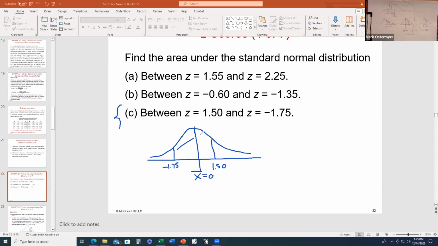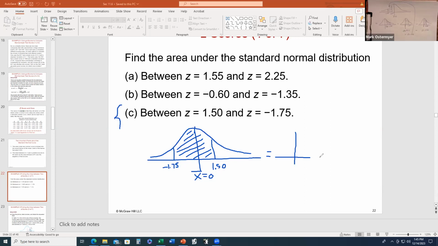Would you know how to find this area, ladies and gentlemen? You going to know how to do that? Well, I'll tell you how it can be done. I'll give you a jump start.